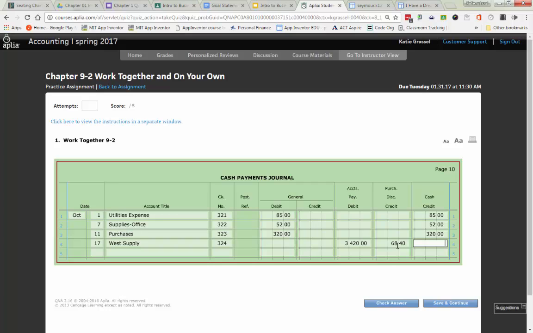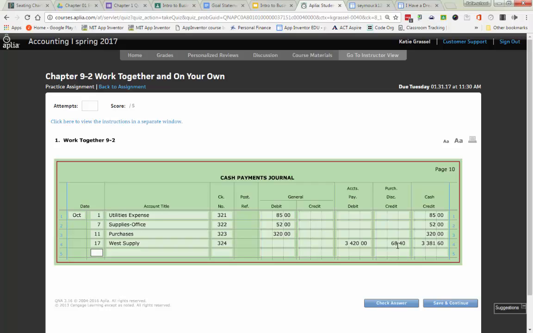So I have a debit of $3,420 and I have a credit of $68.40. I need to figure out how much I'm going to pay them. I'm going to do that by taking $68.40 away from $3,420, and I'm going to pay West Supply $3,381.60.